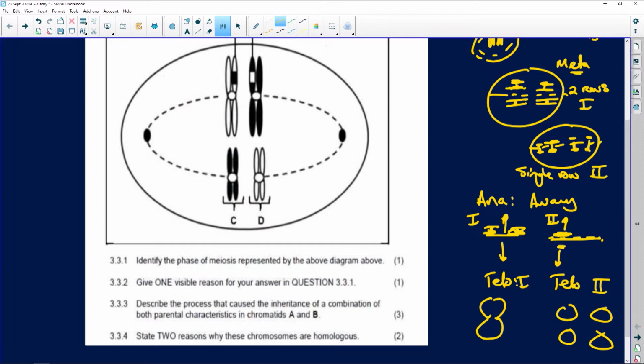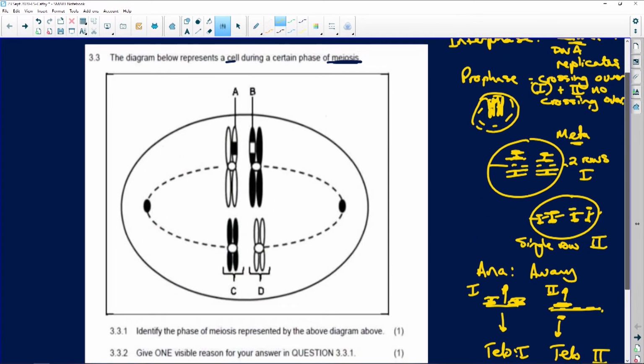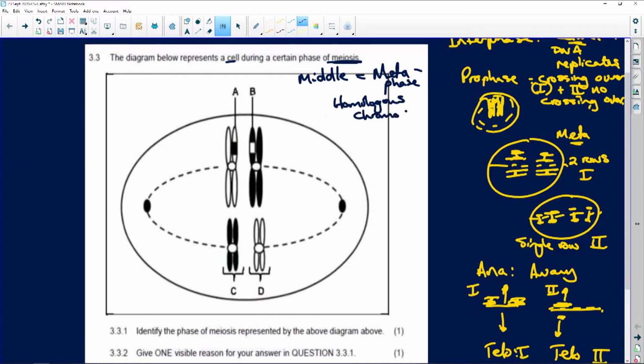So if we look at our diagram, it says meiosis, and what are we looking at here? Well, clearly everything is in the middle, and if it's in the middle, it is metaphase. And something else is you can see your homologous chromosomes. Now, homologous chromosomes, you're going to have your 2 rows.